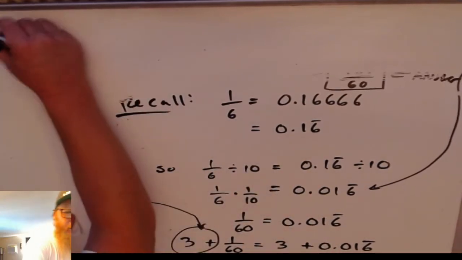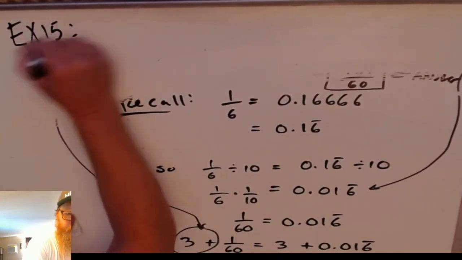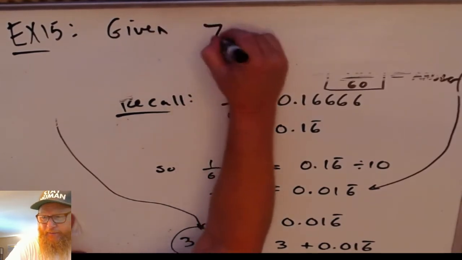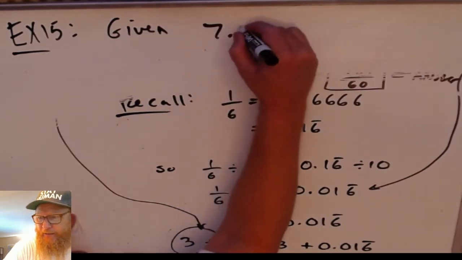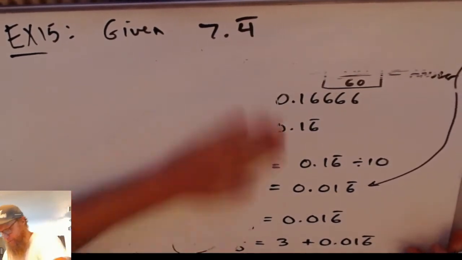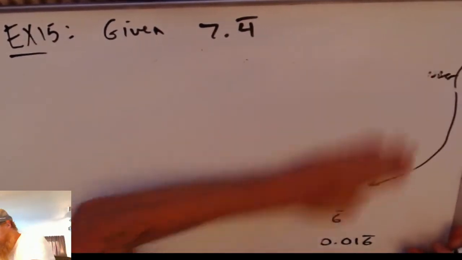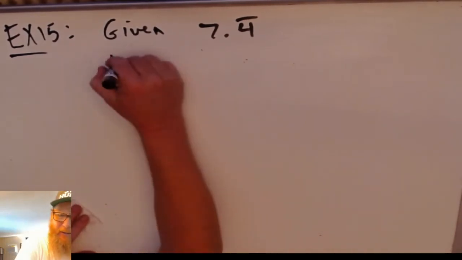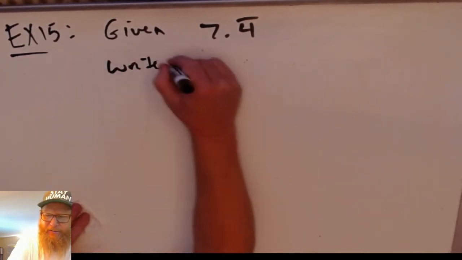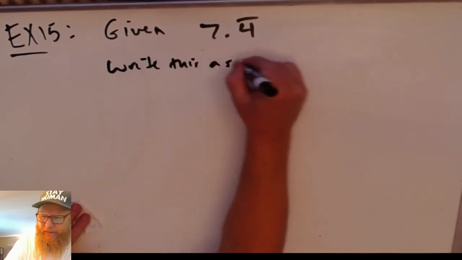Let's try another one. Same question. So given 7.444444444444 forever and ever. Write this as a fraction.